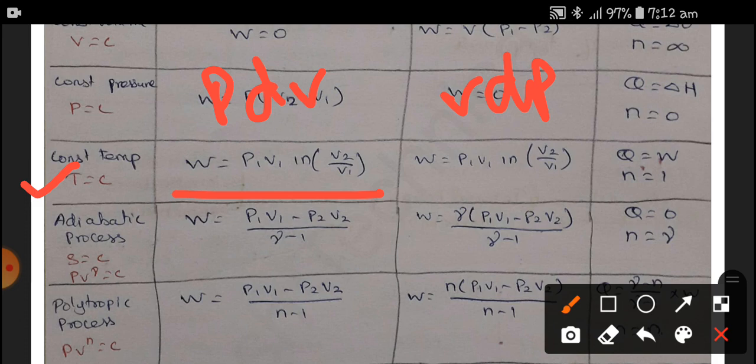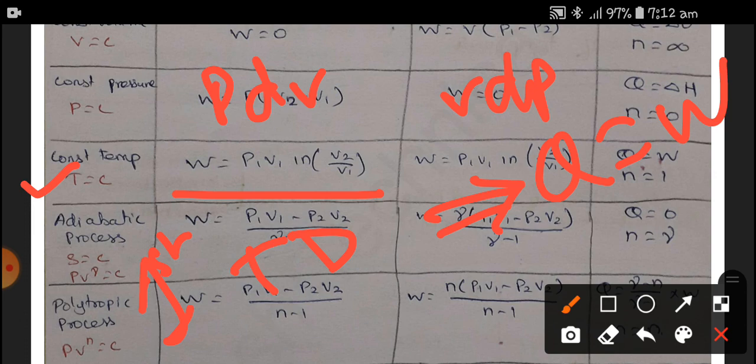Therefore W is equal to P1 V1 ln of V2 by V1. Here Q is equal to W. This constant temperature process is the definition of Joule's experiment, that is the first law of thermodynamics.